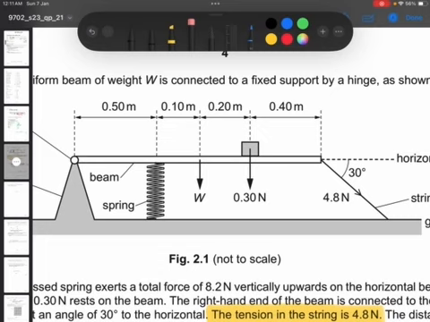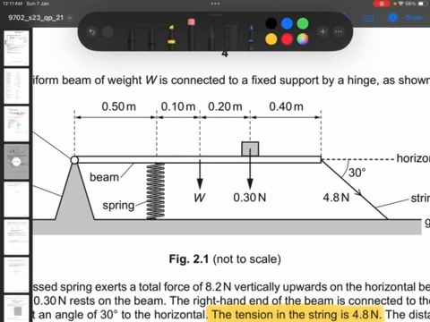Now, if the beam is acting on the hinge, then the hinge is also acting on the beam by Newton's third law with an equal and opposite force horizontally, because they want a horizontal force acting on the hinge by the beam. So there must be a horizontal force acting on the beam by the hinge.